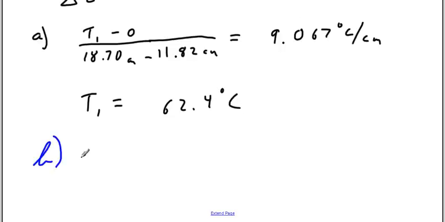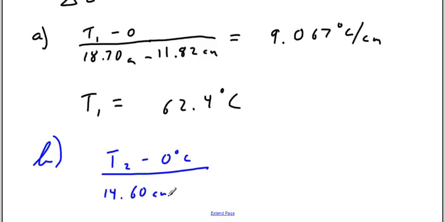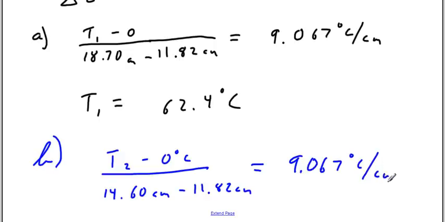And then I look at my B problem, and I look at temperature 2 minus 0 degrees centigrade, and I'm going to be at 14.60 centimeters minus the 11.82 centimeters, and I'm going to set that equal to the same 9.067 degrees centigrade per centimeter.